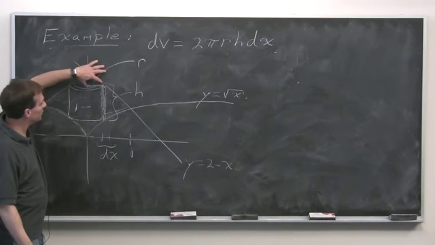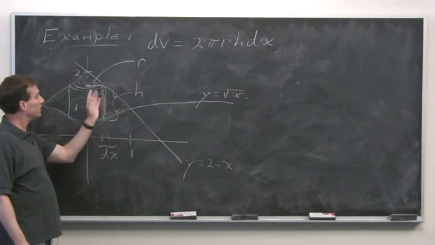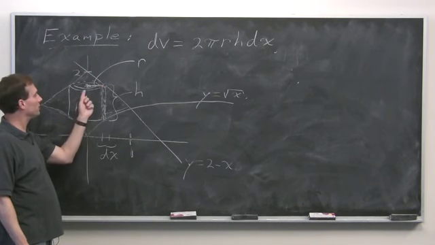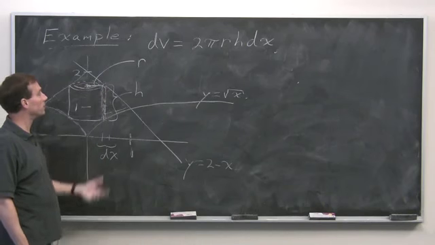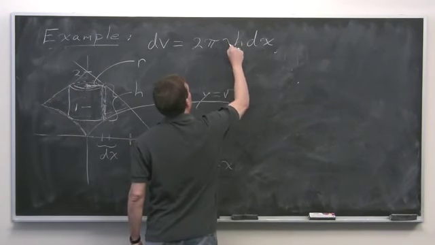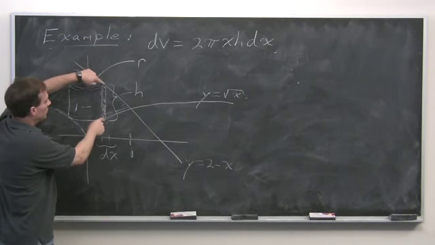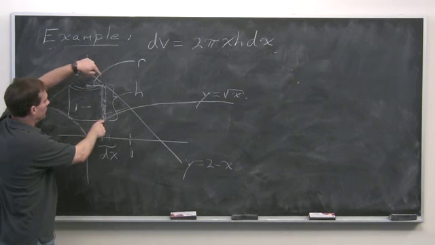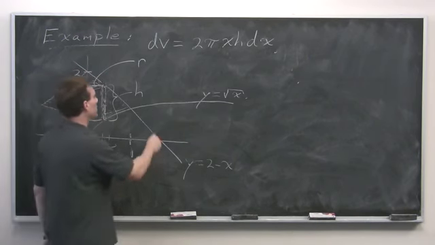Since our axis of revolution is the y-axis, the distance from what you're revolving to the y-axis, so the radius, is just the x-coordinate. So in this particular case, r will just be x. The height is the difference between the y-coordinate on this curve and the y-coordinate on that curve.